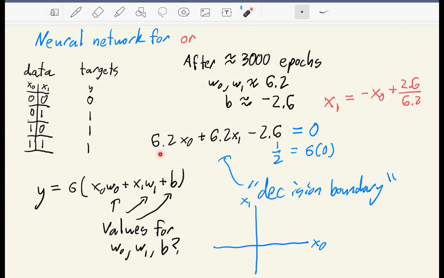Okay, so I solved this whole thing, including the equals 0, for x1.